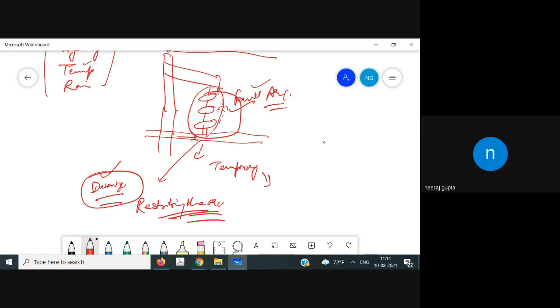This process of interruption of the supply followed by re-energization of the supply is known as the recloser.